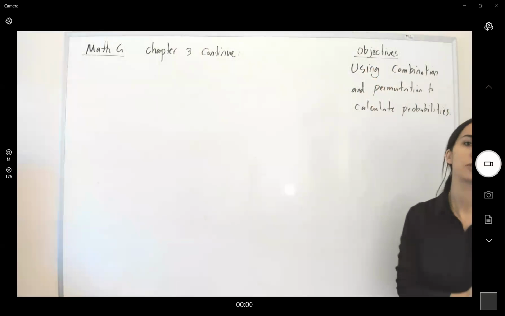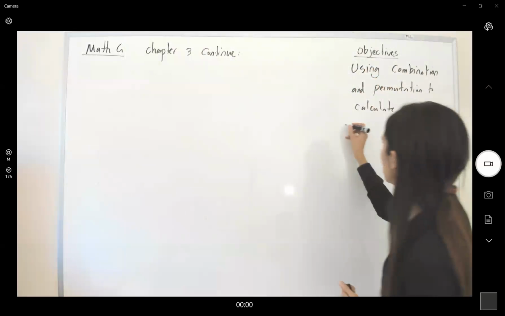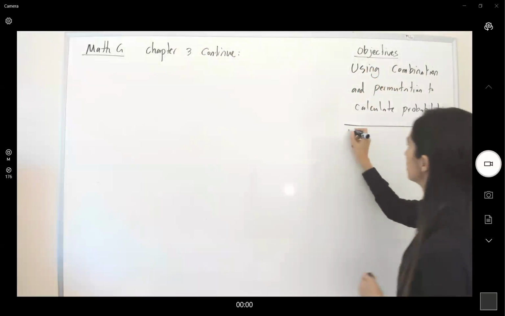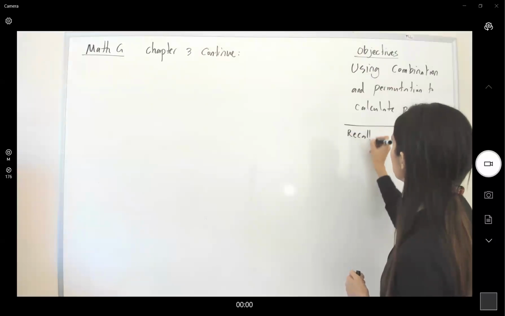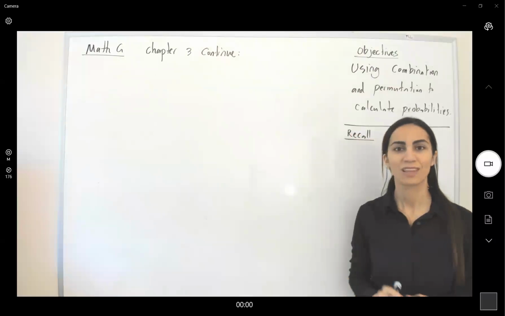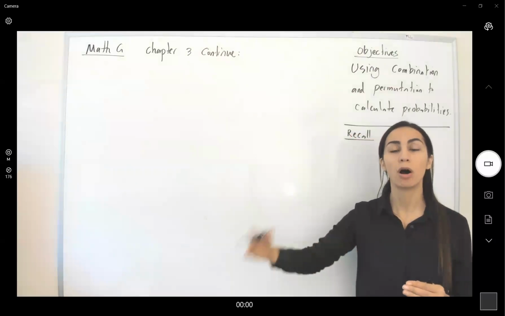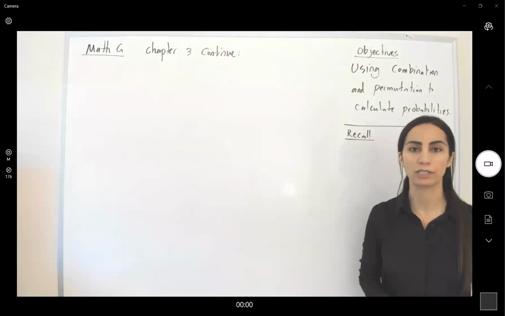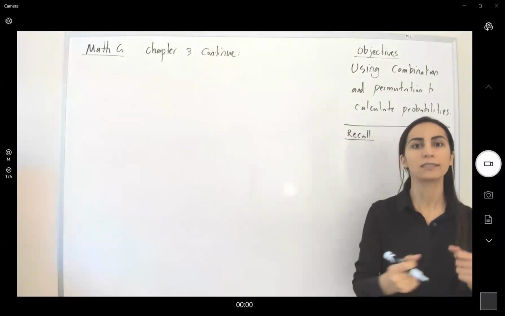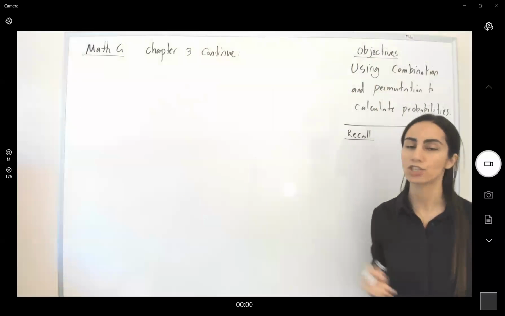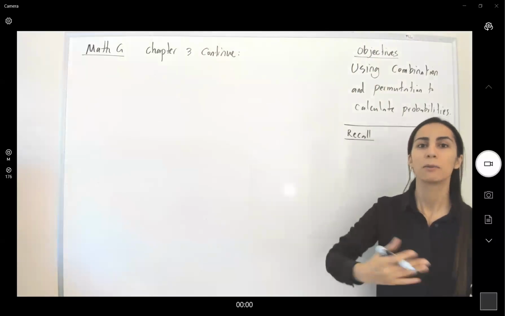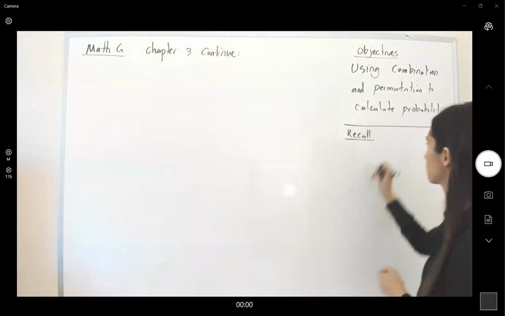First of all, a little bit of review. What is permutation? Remember that permutation has to do with having some objects in order, or selecting some objects from a collection of objects and then putting them in order.